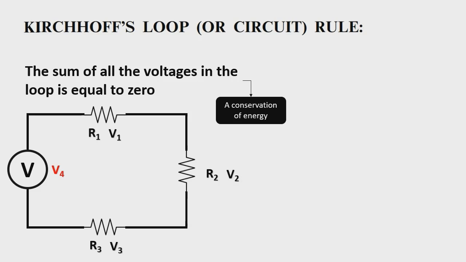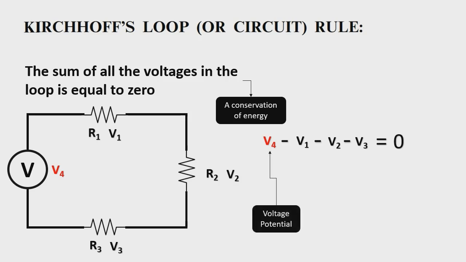Therefore, as the voltage and resistors are connected in circuit, we can compute for the sum of all the voltage and the voltage drop, so that V4 minus the voltage drop of V1 minus the voltage drop of V2 and the voltage drop of V3 should be equal to 0. And so V4 is the voltage potential, while V1, V2, and V3 are the voltage drops.